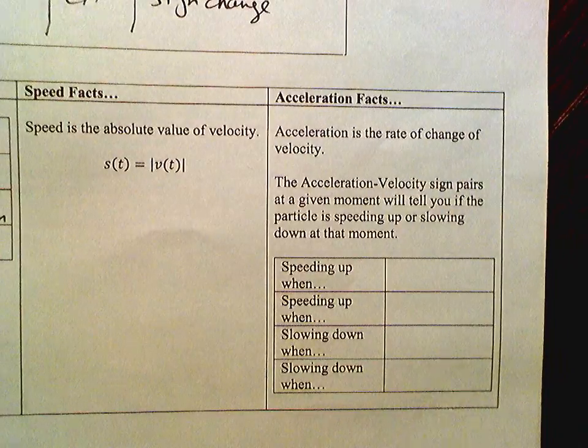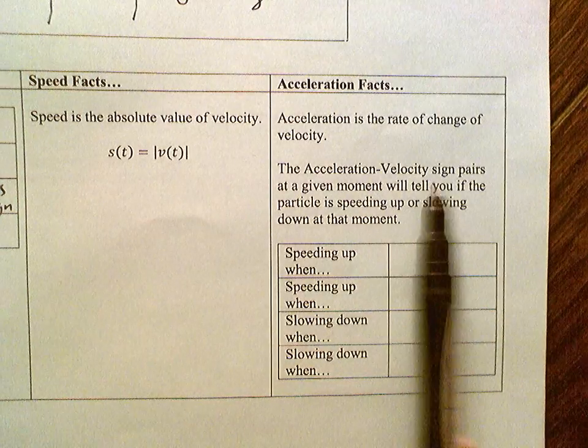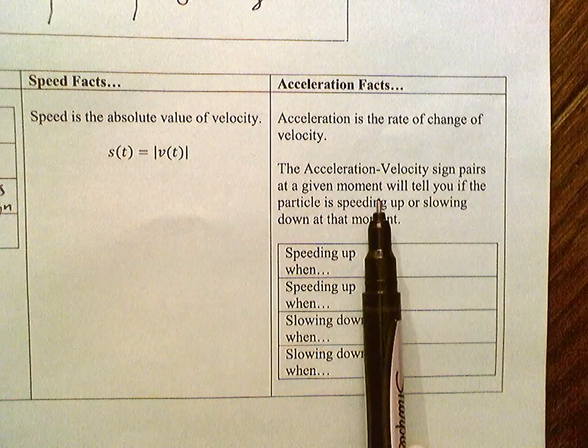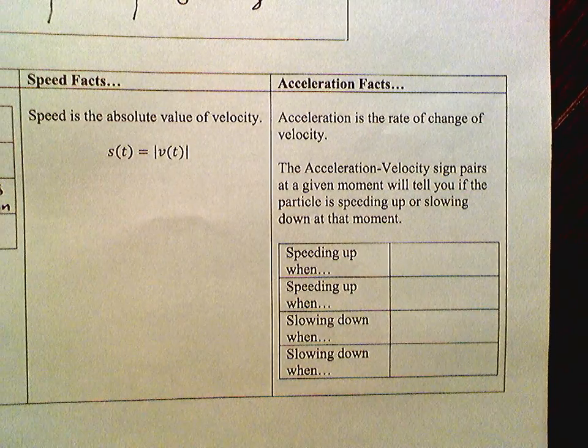Now, acceleration facts. Acceleration is the rate of change of velocity. The acceleration-velocity sign pairs at a given moment will tell you if the particle is speeding up or slowing down at that moment.